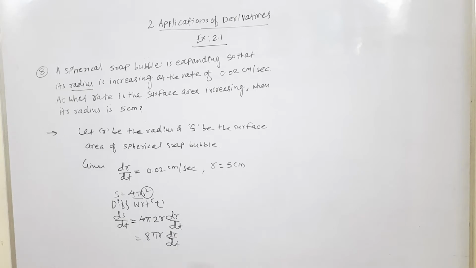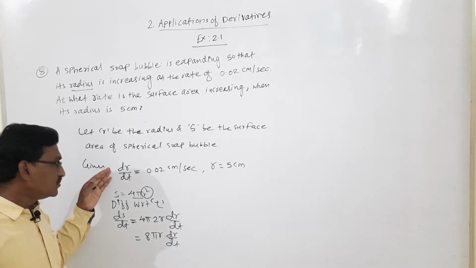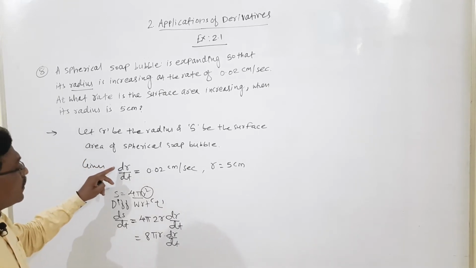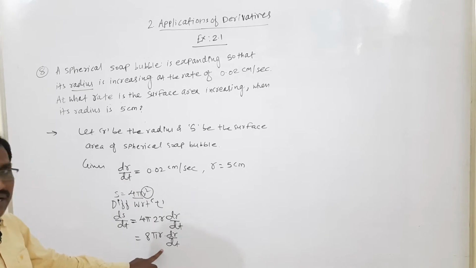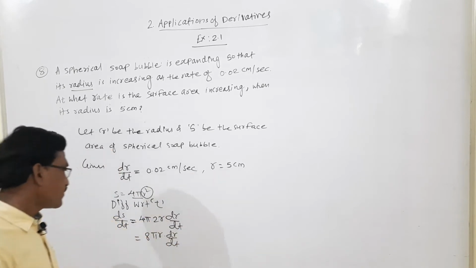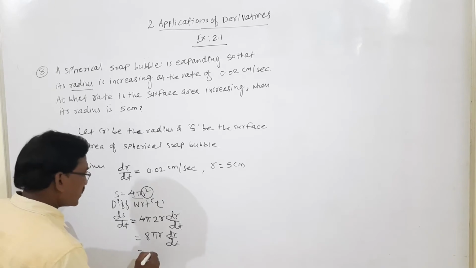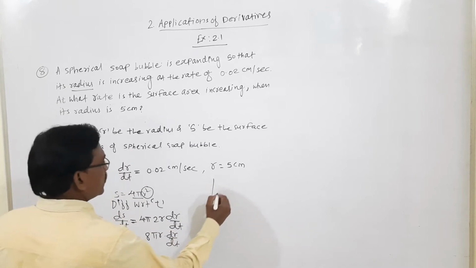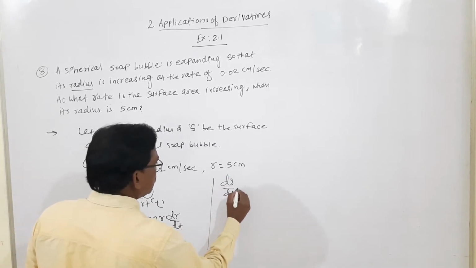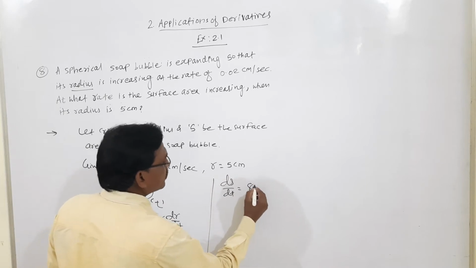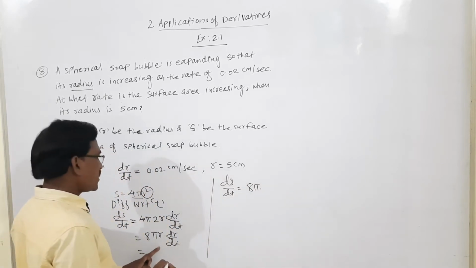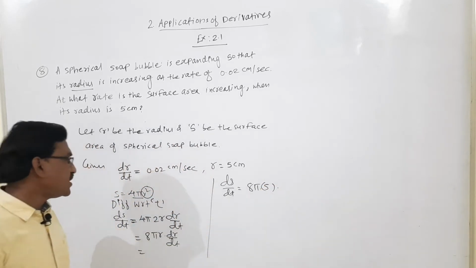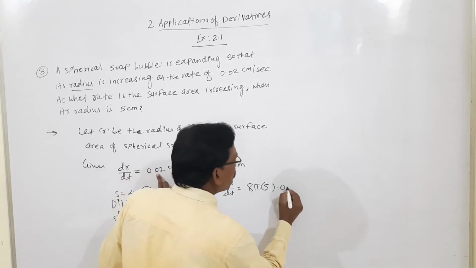Now we are given the increasing rate of this spherical soap bubble, dr by dt. We put the value of dr by dt here, and also the radius r. So ds by dt is equal to 8 pi into radius 5 into dr by dt, which is 0.02.